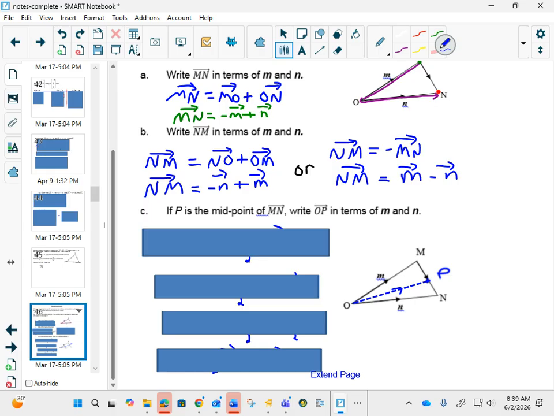So, P is the midpoint from M to N. And we want to write O to P using only M's and N's.